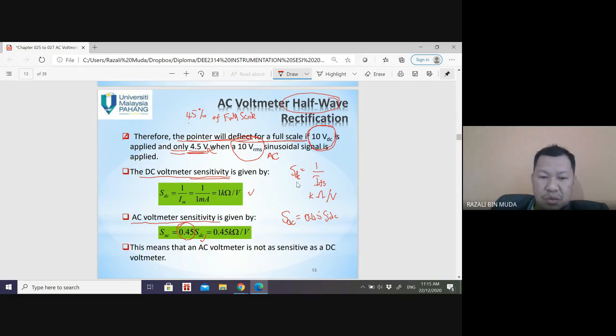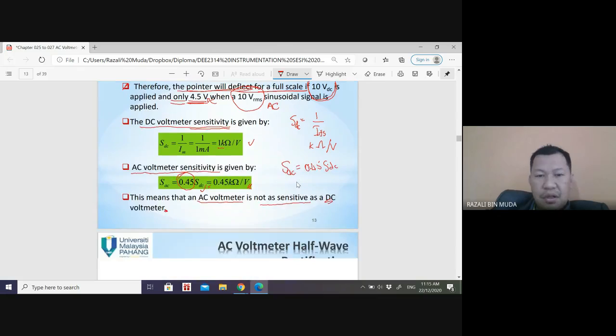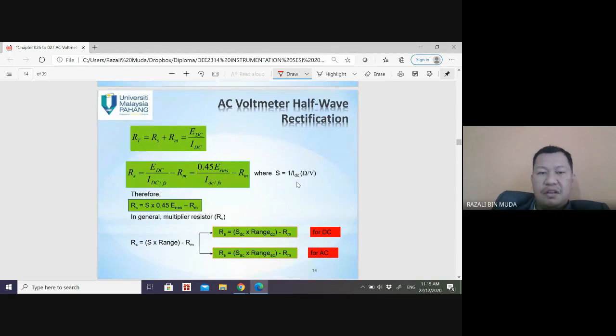If SDC is 1, then SAC is 0.45 kilo ohm per volt. So for half wave, it has only 45% of the sensitivity of DC. This means that an AC voltmeter is not as sensitive as a DC voltmeter. Okay, AC voltmeter with half wave rectifier.